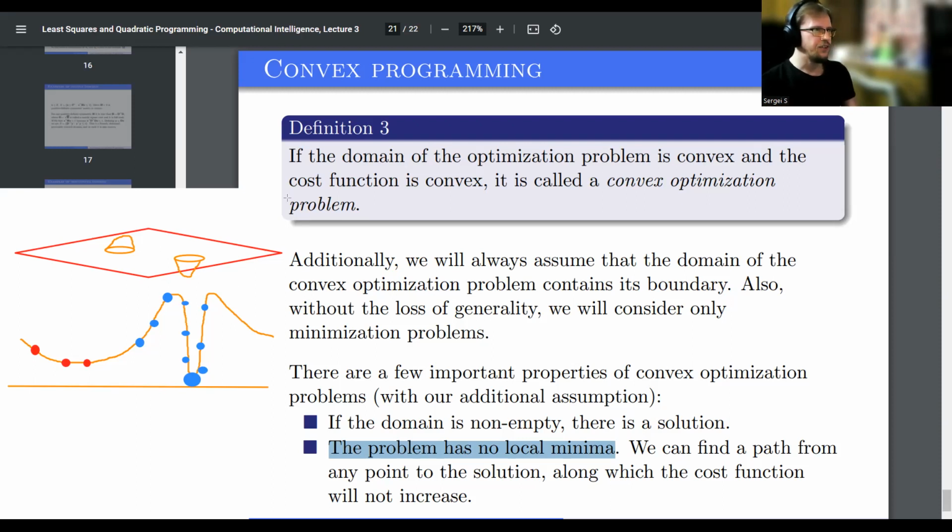For example, a convex function can look like this. This is a convex cost function, and you can totally imagine that here is the same as here, is the same as here, so not very nice. So this is possible, right?